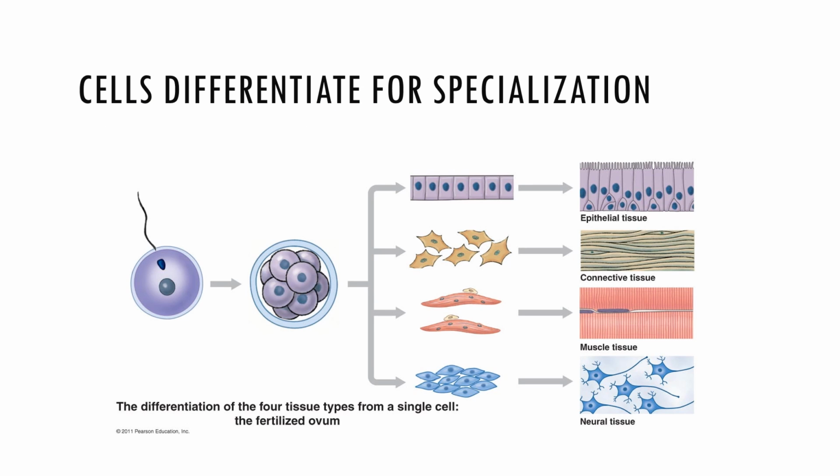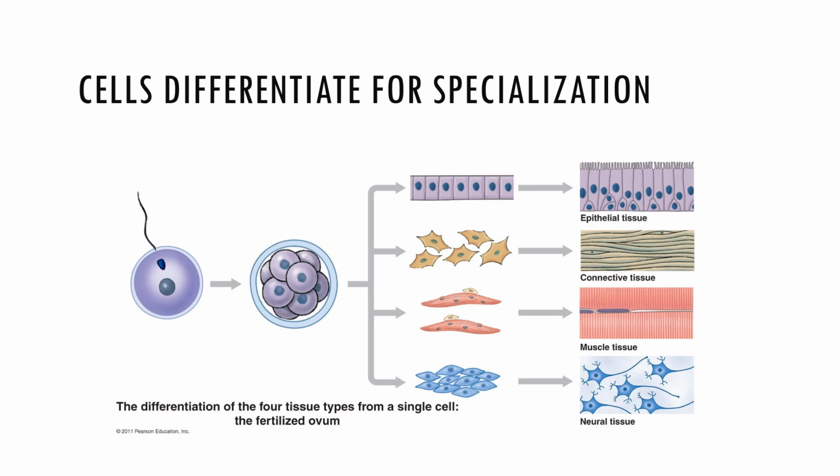Now, cells differentiate into specialized cells. And you can see here the differentiation of 4 different tissue types from a single cell. So from a single cell we get epithelial tissue, which has many different subcategories.